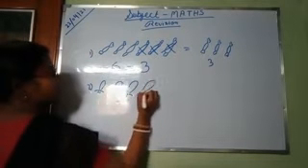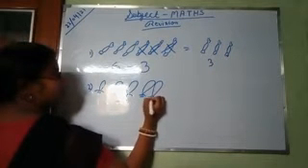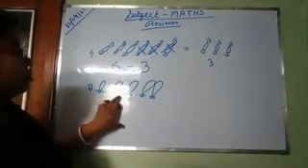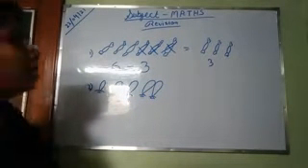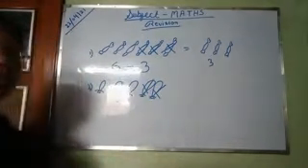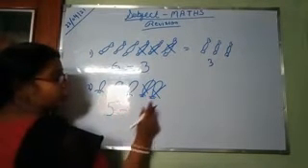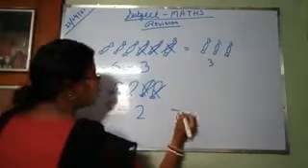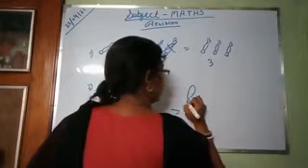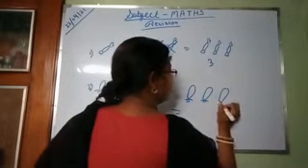Likewise, these are balloons. Suppose I have balloons: 1, 2, 3, 4, 5. 5 balloons. Out of 5 balloons, 2 burst. So how many balloons are left? 1, 2, 3.